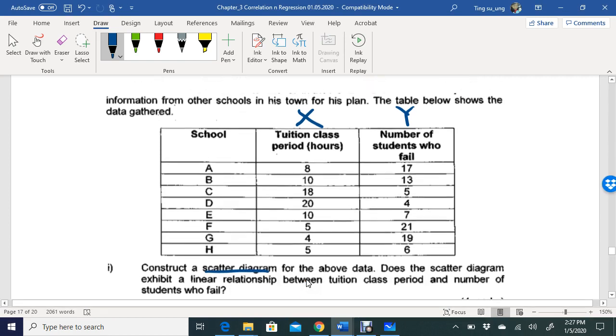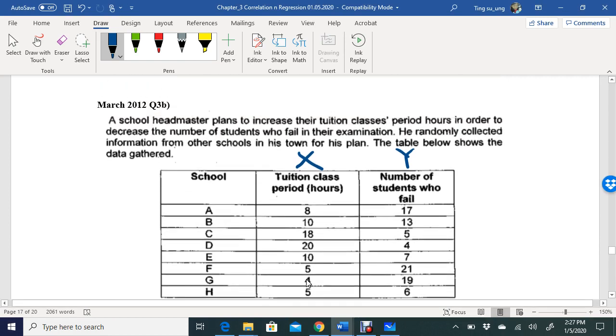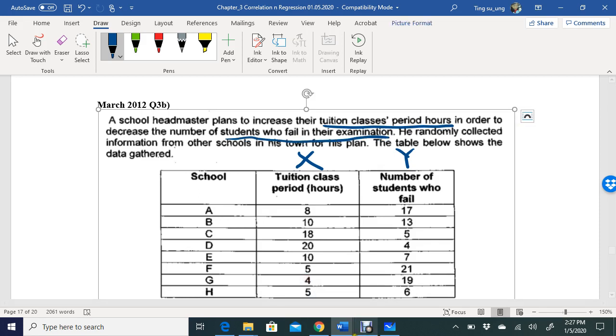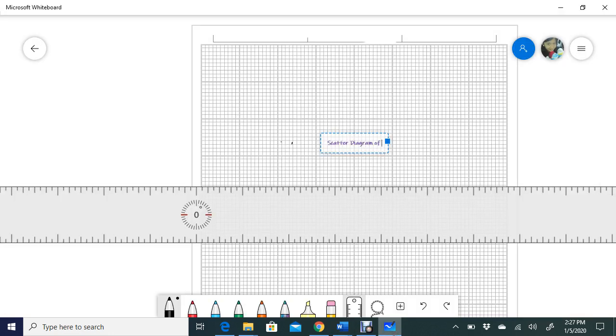Scatter diagram of the tuition classes period hours and students that failed in their examination. Is that okay? So you just get it up.